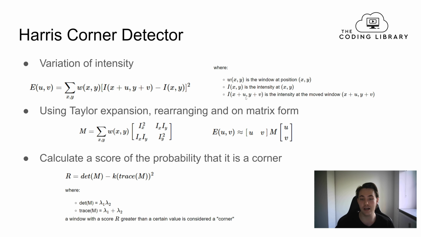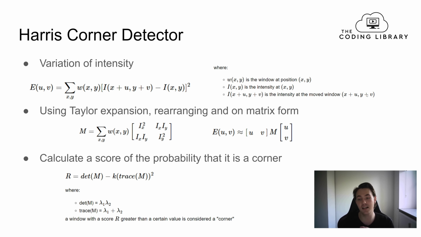And then we also have this I of x, y, which is the intensity at that specific position, so at the pixel value that we're looking at. We subtract from that this value, which is the intensity at the moved window, where we move our window by a shift of u and v.